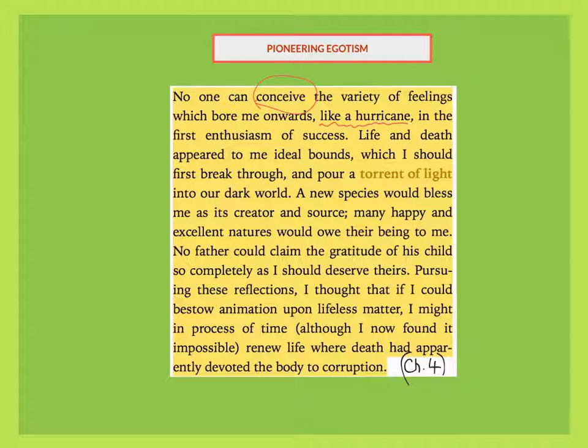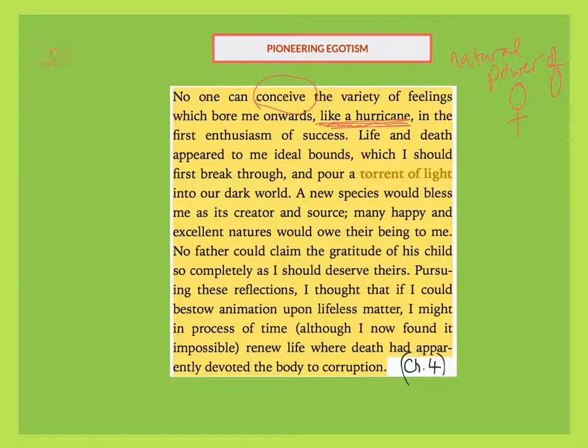We know how it pans out and how it develops: monstrousness and death. There's Mary Shelley undermining him with one of many birth words. More to come later. Also within that, she embeds this simile, like a hurricane.